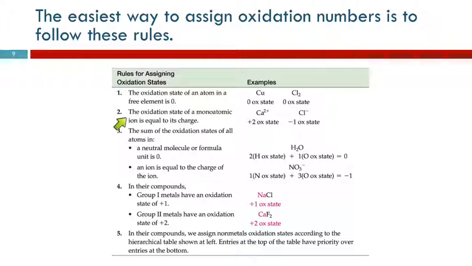They're different ideas, but the numbers are the same. When we look at a compound, a neutral molecule, all of the oxidation states of the atoms in it have to add up to 0. If you have a polyatomic ion, such as nitrate ion with an overall -1 charge, all the oxidation states of the atoms in it add up to equal the charge.